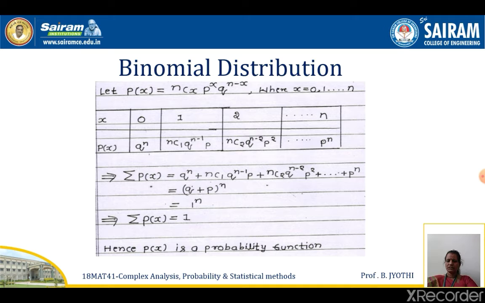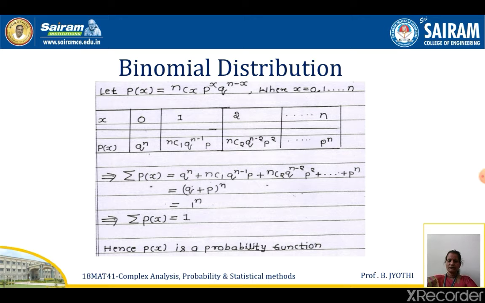Now, taking the summation of P(x), that is q^n + nC1 q^(n-1) p + nC2 q^(n-2) p^2 + ... + p^n, gives (q + p)^n.